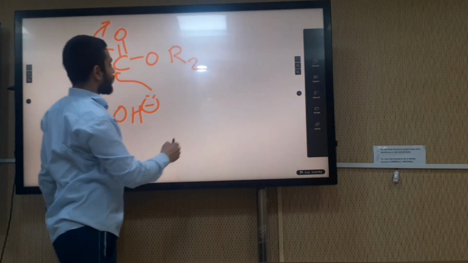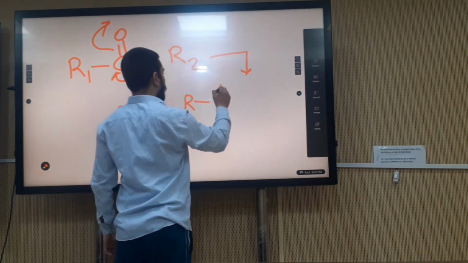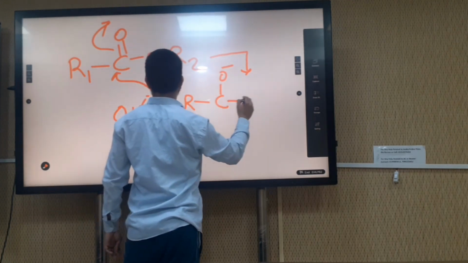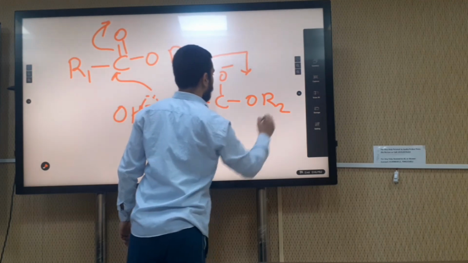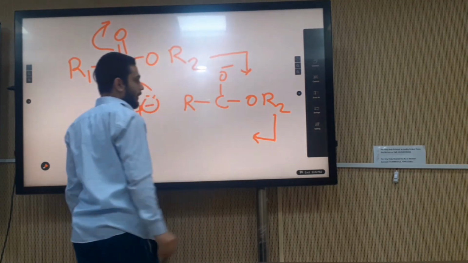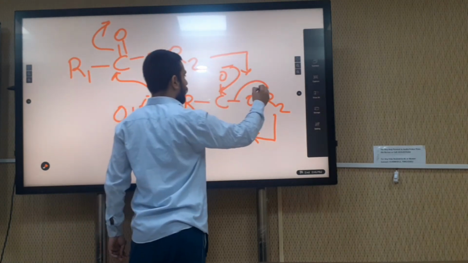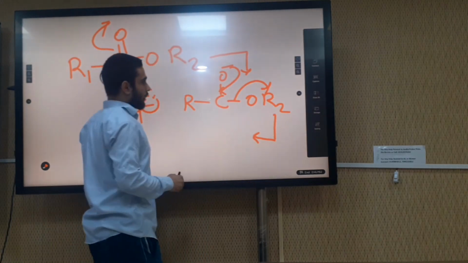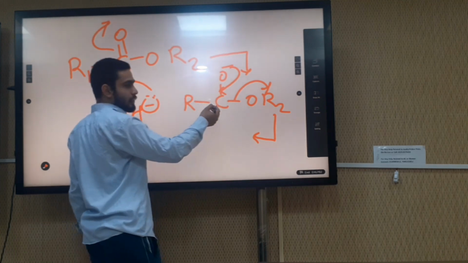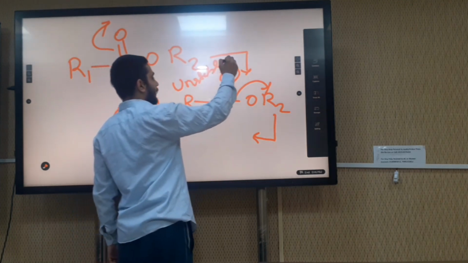The structure formed will be RCO minus, with OH and OR2 on the carbon. What will happen next? This minus sign will attack back here and this bond will be broken, because this structure is unstable.